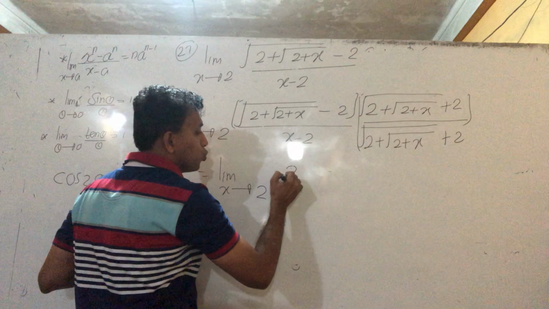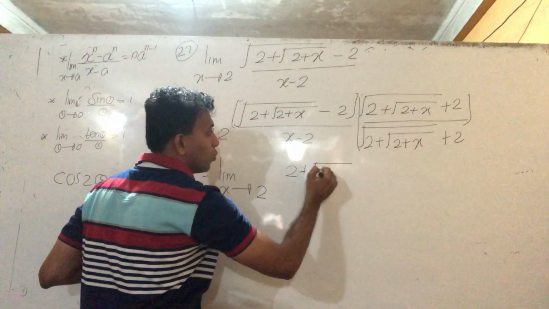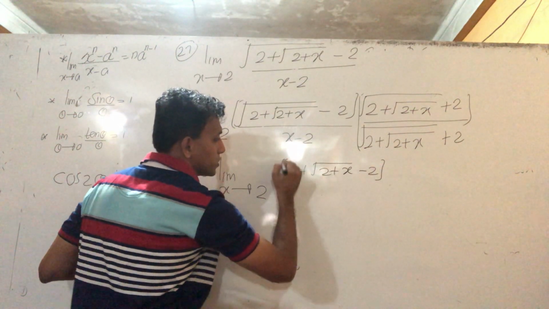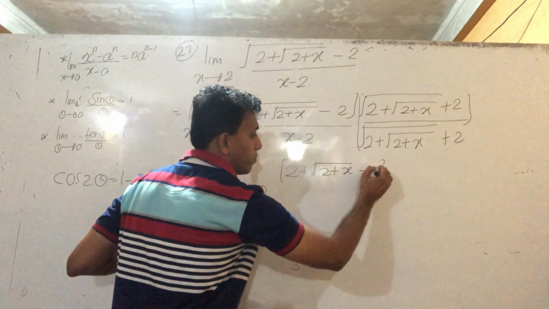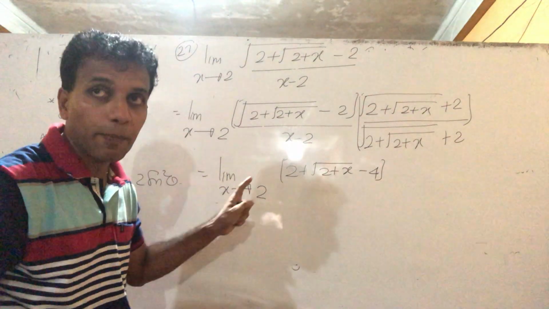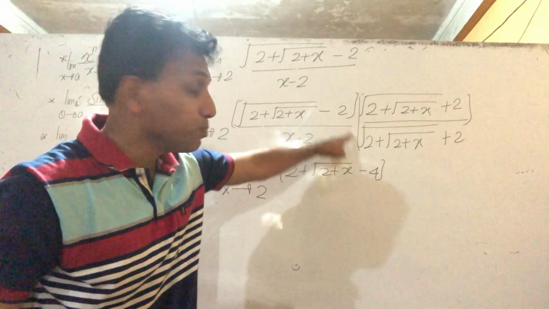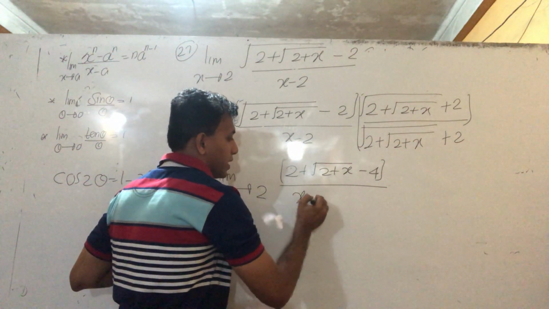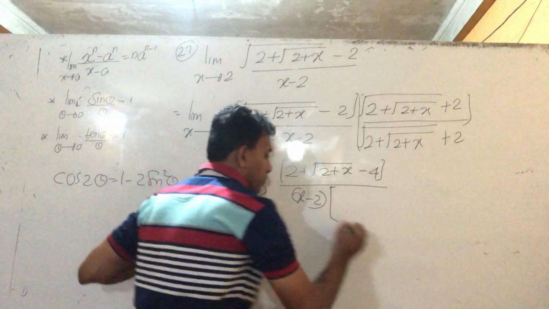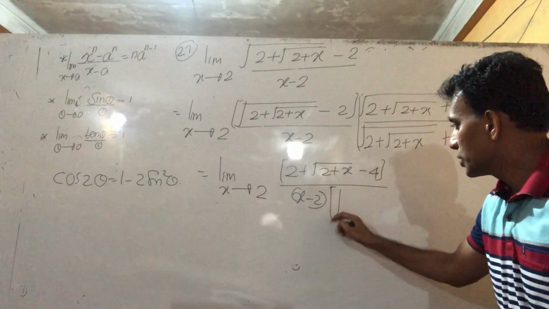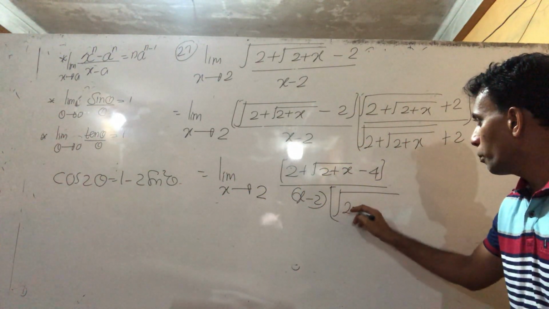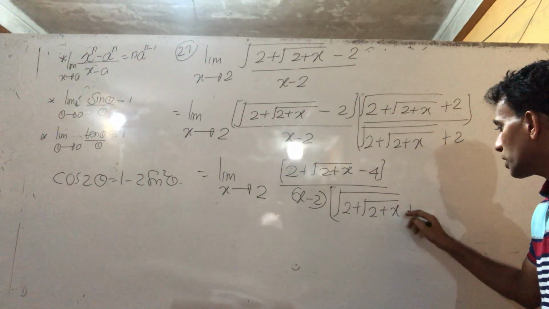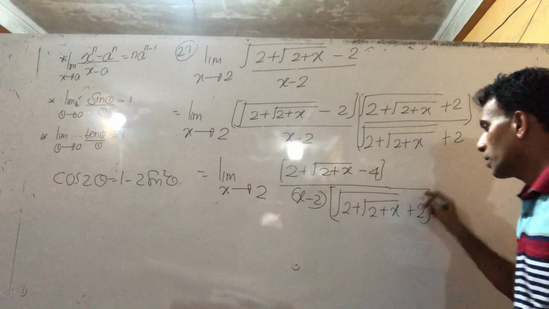So that is 2 plus the other square root available, and minus 2 squared, minus 4. Okay, a minus b, a plus b, a square minus b square, over x minus 2, and the remaining part here, square root of 2 plus square root of 2 plus x, outside plus 2. Okay.